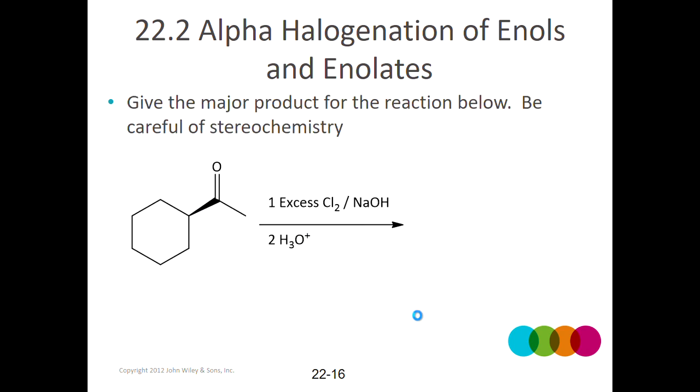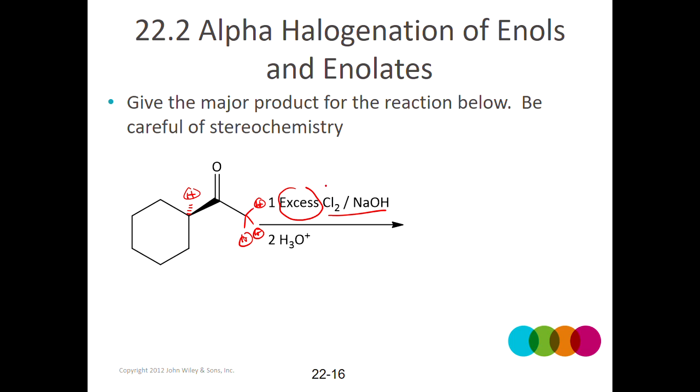So now we can answer some questions related to that reaction. Here I have 1, 2, 3, 4 alpha protons. And if I'm using excess of these reagents, I expect the NaOH to be able to pick off every one of those 4, one at a time, producing an enolate.